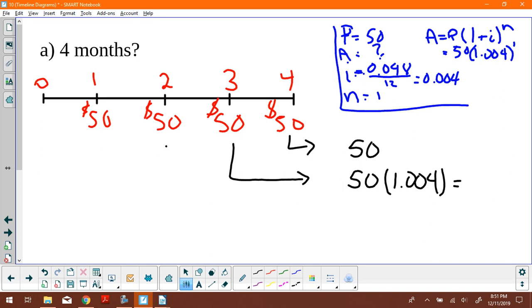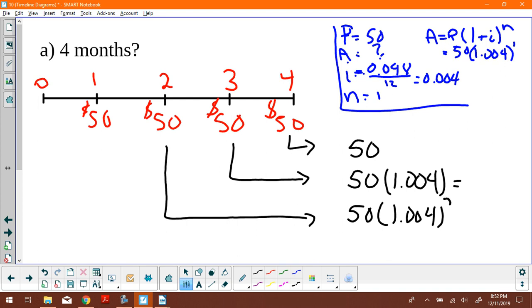For the next payment, at the end of the 4 months, it will have been sitting in the bank for 2 months. So the calculation will look pretty much exactly the same as the last one, except it's just going to have a squared there, because it's been in there for 2 months. The only thing that would change would be the value of n in that formula.